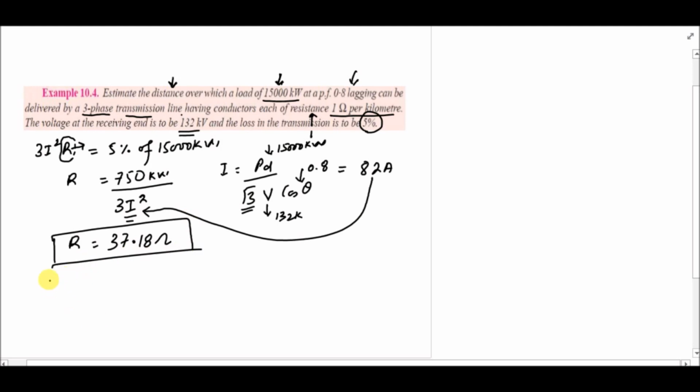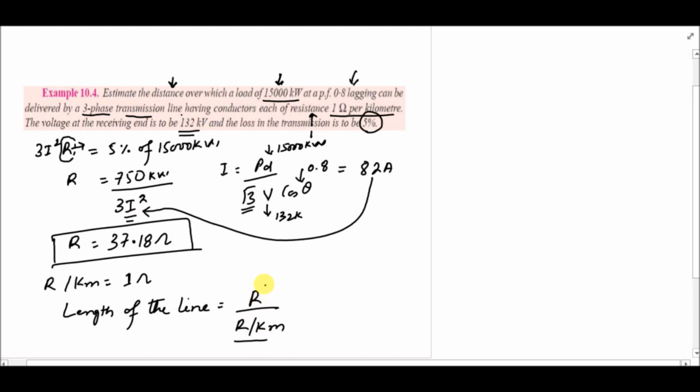And we know that resistance per kilometer is 1 ohm of the conductor that we have to use. So length of the line will be equal to R over R per kilometer, means total resistance of the line over the resistance of the conductor per kilometer.